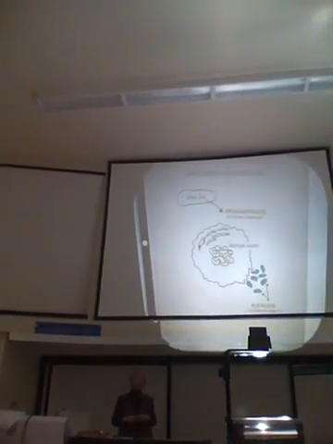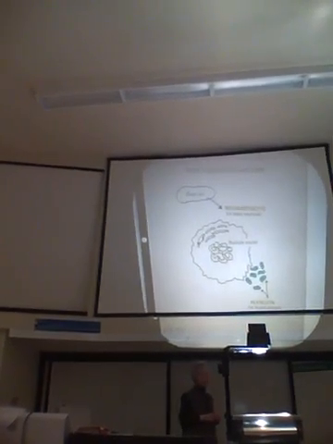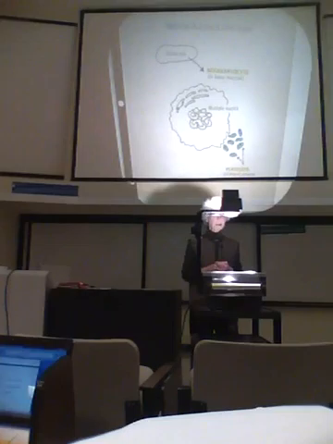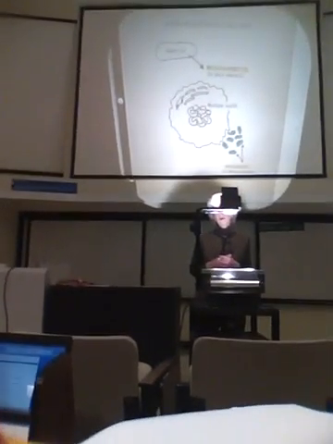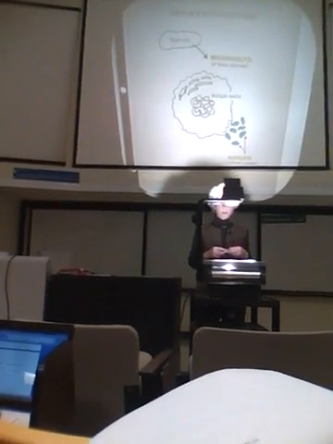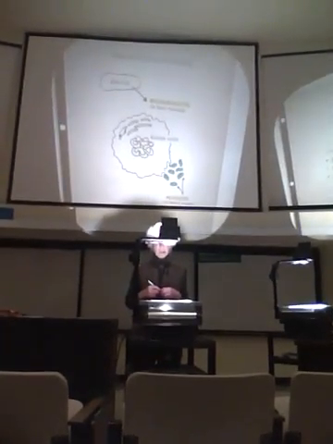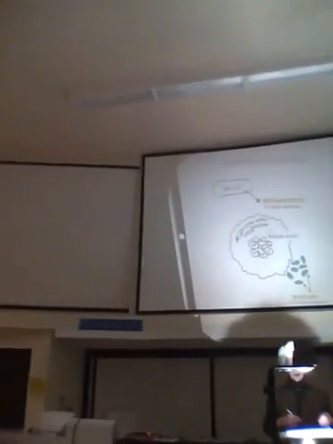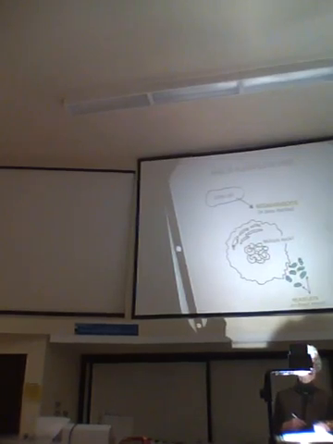And each of these megakaryocytes can produce, I don't know, probably a couple of thousand platelets. So lots of platelets from a single megakaryocyte. And these platelets then go into the blood and circulate in the blood.